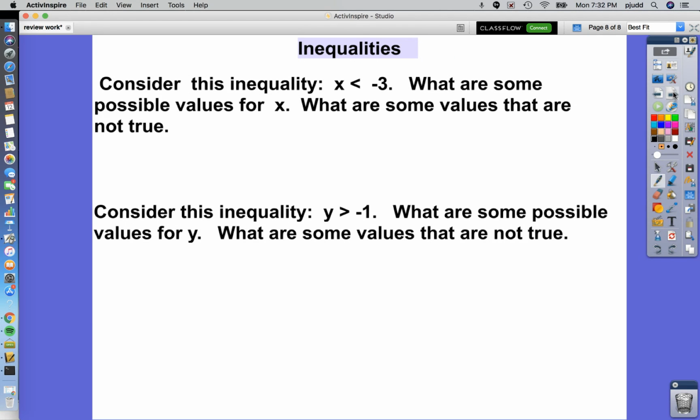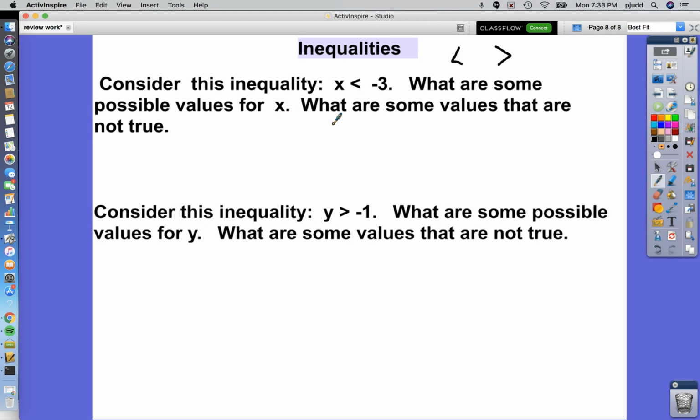Now we're looking at inequalities. We've done this most recently. Remember the inequalities of less than or greater than. So this inequality, x is less than -3. What are some possible values for x?